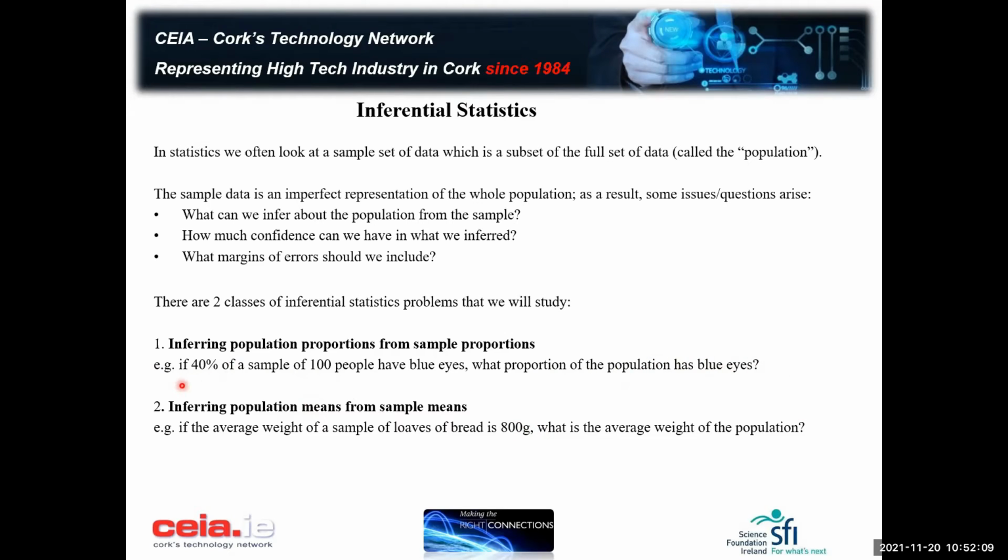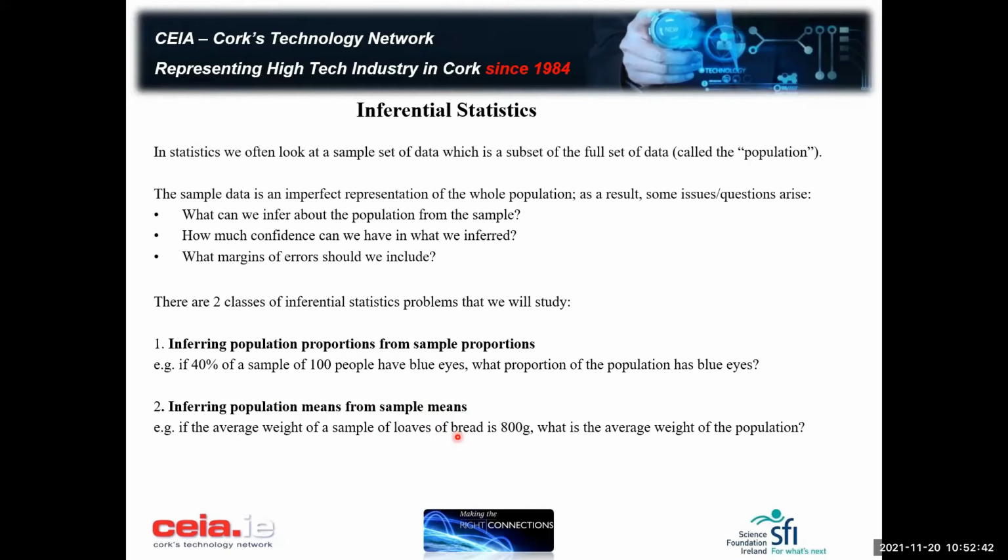So you might take a sample of 100 people from the population and try to deduce what proportion of the general population has blue eyes from that. Your first guess would be 40%, but you need to know how reliable that 40% is. Similarly, you could be working with means.